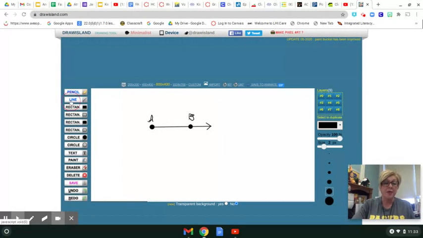Another thing about a ray is, the ray doesn't have to be straight horizontal like this. I can make a ray that goes this way diagonally and put the arrowhead on one end. I can make a ray that goes this way. But again, a ray goes forever in one direction, and I need to have what we call the end point.